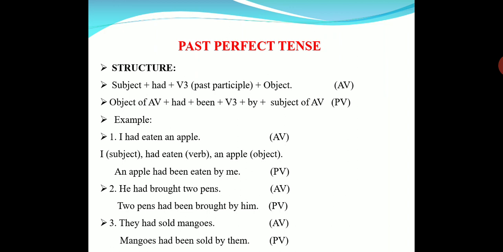Now, the object mangoes becomes the subject. Mangoes had, be form been, sold is the V3, by, they becomes them in the place of object. Mangoes had been sold by them is the full sentence in passive voice.